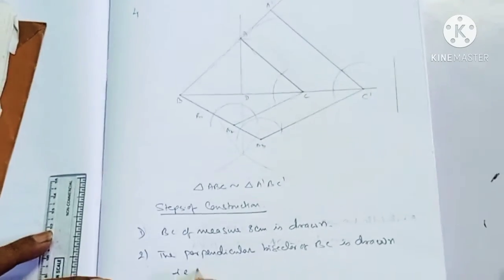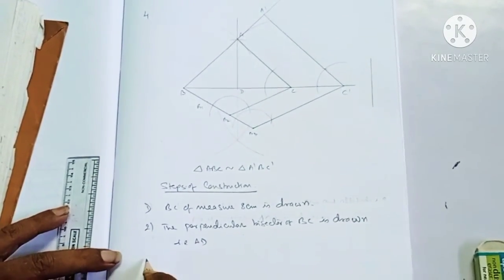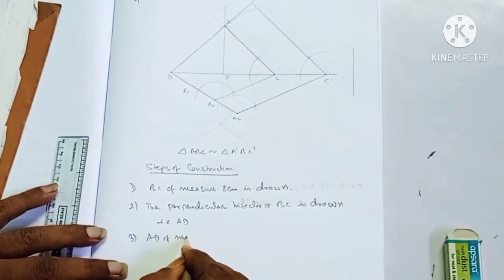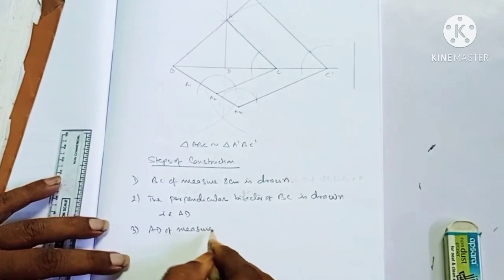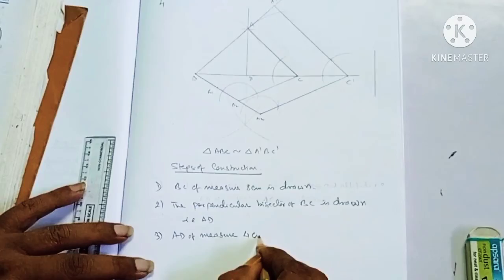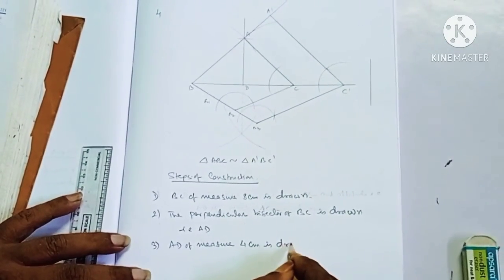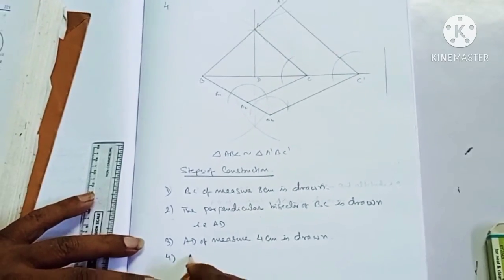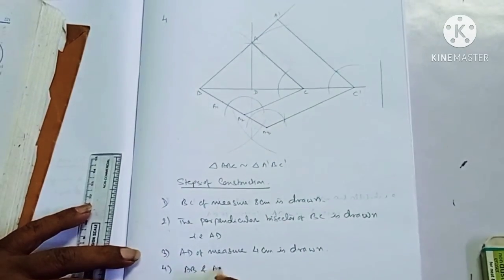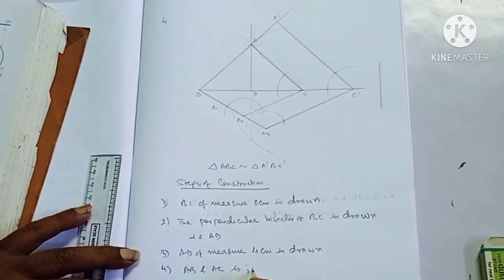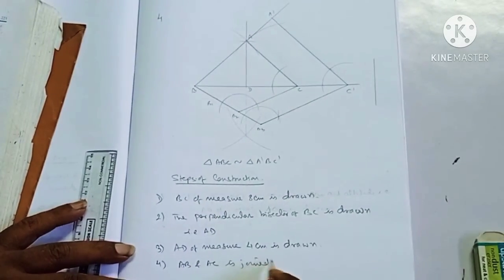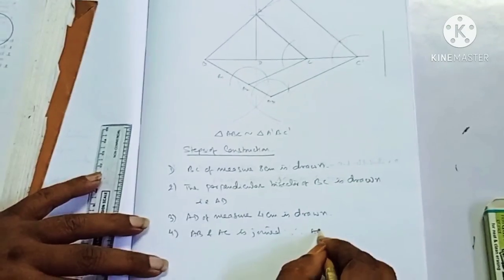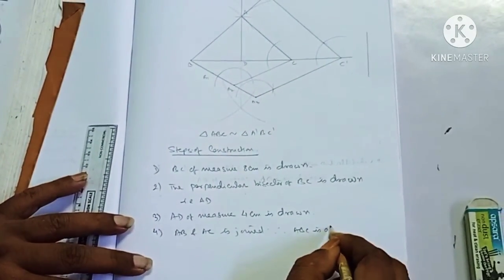That is AD. Third, AD of measure 4 centimeter is drawn. Fourth, AB and AC are joined. Therefore, ABC is a triangle.